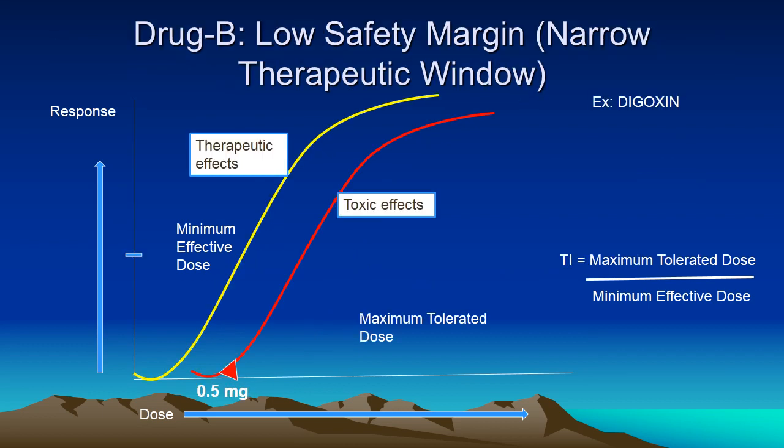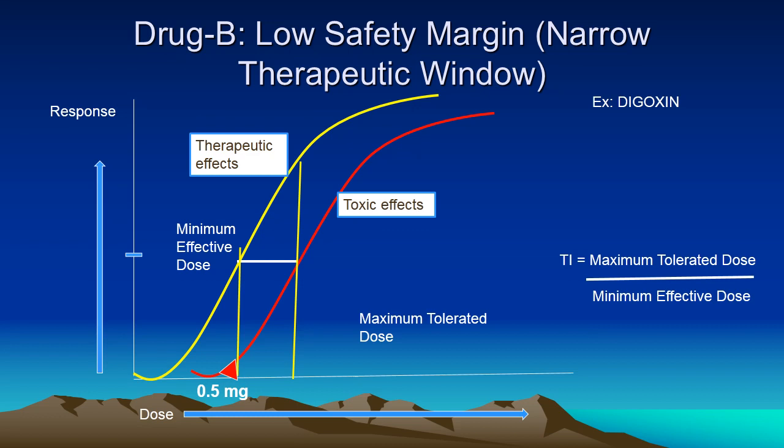For drug B, when we plot the therapeutic effect curve versus toxic effect curve, we find there is a narrow dose range between these two, and therefore drug B has a narrow safety margin. The most important notable point is that even at 0.5 mg dose, the red triangle shows that some toxic manifestations have already occurred.